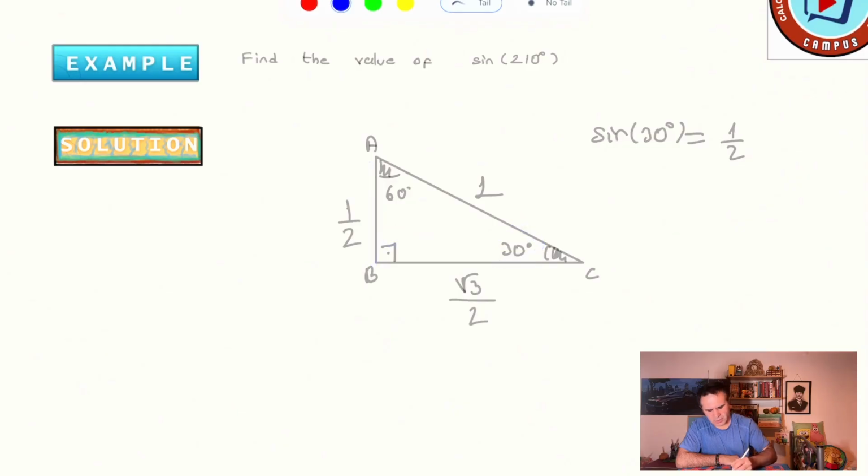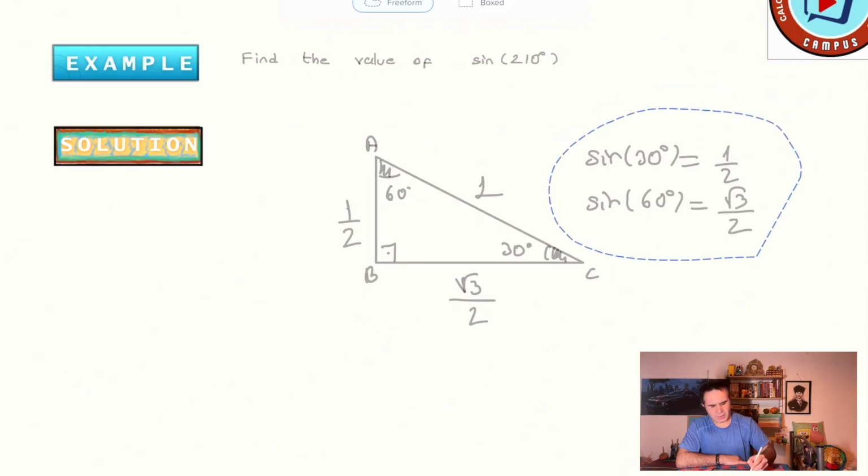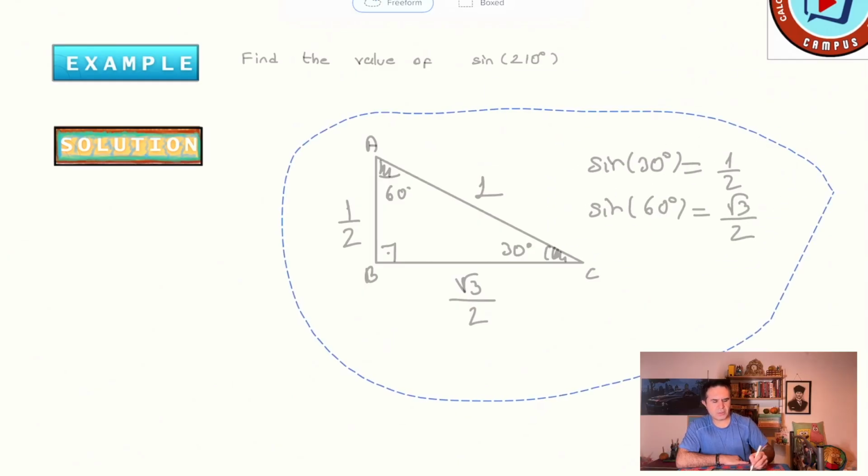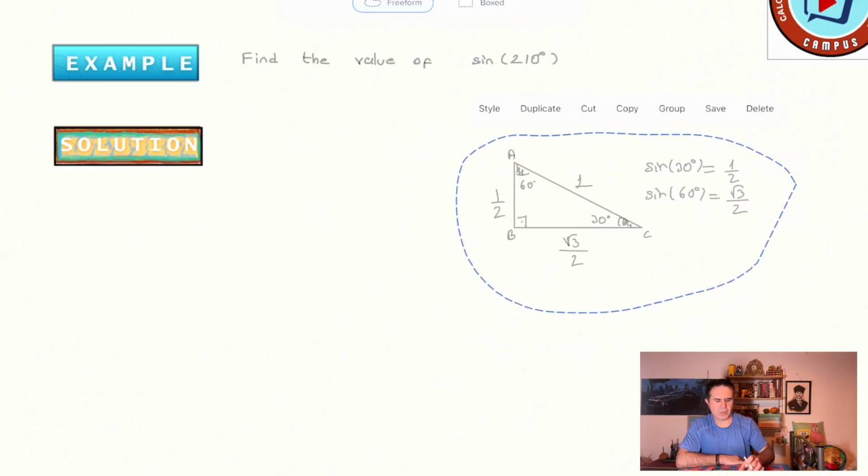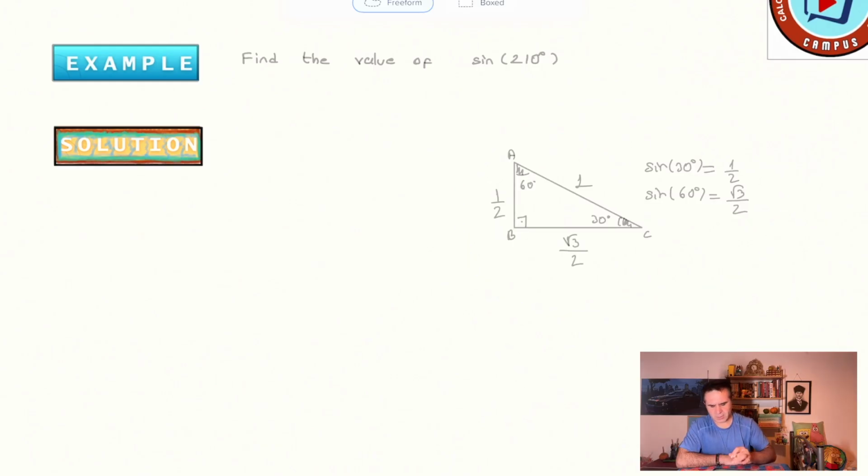And sine of 60 degrees, the opposite side here, sine of 60 degrees is square root of 3 over 2. You need to know this triangle because you will always use this triangle in trigonometry, always.